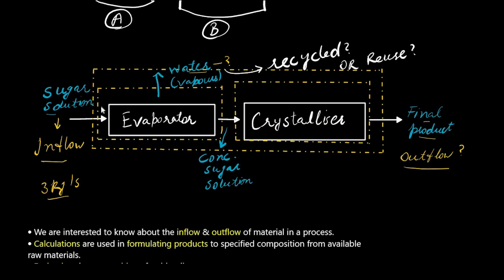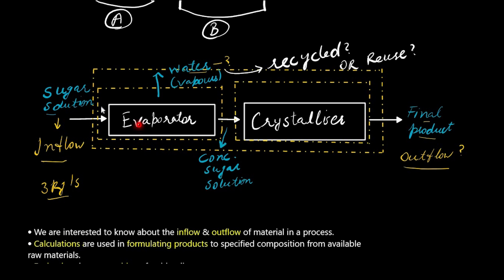We have to consider a system boundary for the entire block diagram, and we have to consider a system boundary for a specific component, because we may also be interested in understanding the inflow and the outflow for a specific piece of equipment. For example, as a food technologist, I may be interested to know the amount of water vapor flowing out of the evaporator and the amount of concentrated sugar solution flowing out of the evaporator.